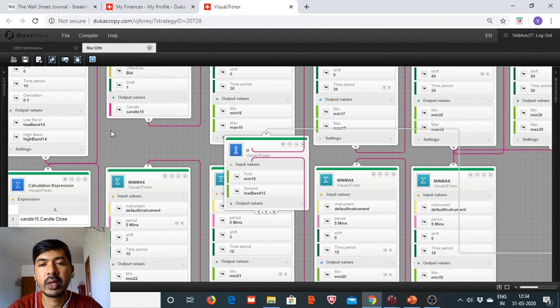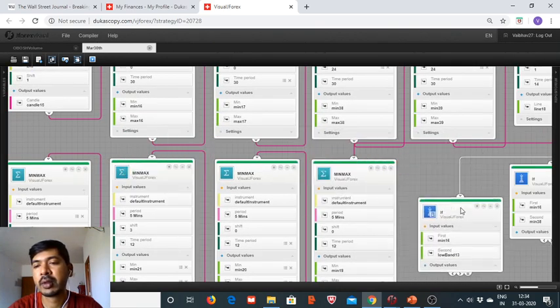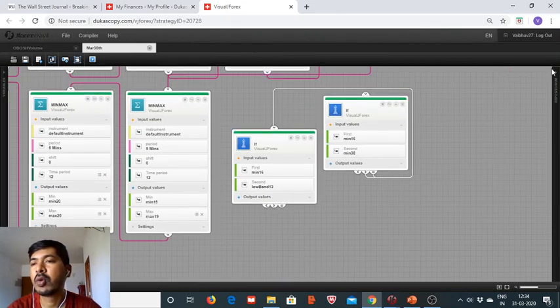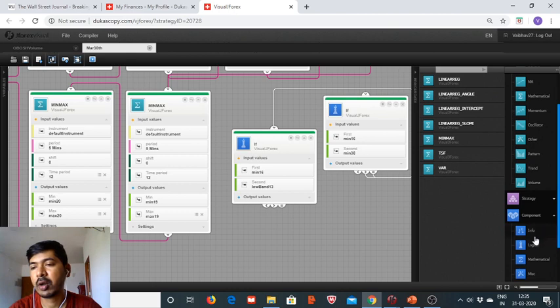And one more thing is we want the candle 15's low to be below the high band of the EMA envelope.